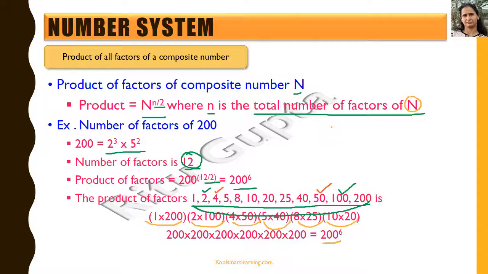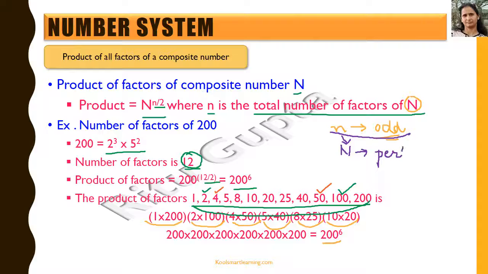Now the important thing to note here is we have taken a number whose number of factors is even. What if the value of n, the small n, is odd? So what we are trying to say is that the total number of factors of this composite number N is odd. When is it possible? This is possible only and only if the composite number given to us is a perfect square.